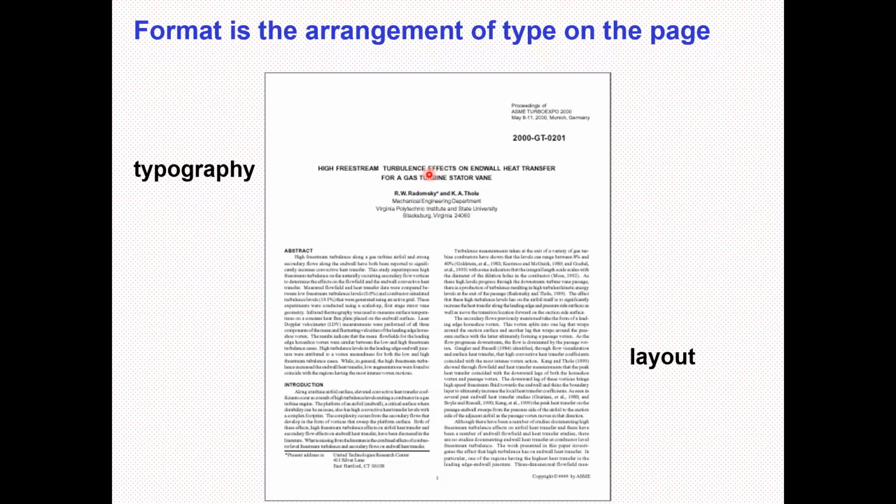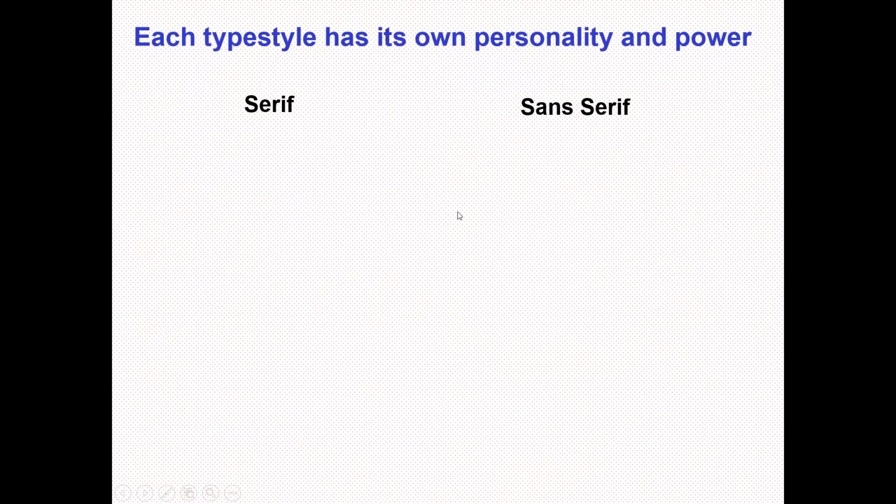For a title, the type style or font size is different from your names and affiliations. And when it comes to the abstract or introduction, again the typography is different, and also the layout is different from the title, names and affiliations.